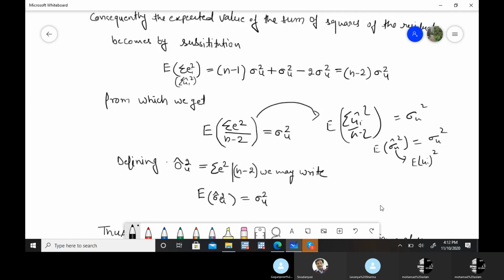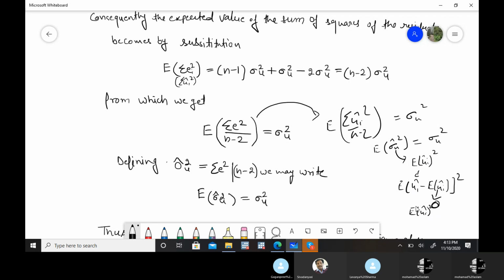Because in probability the variance formula is ui hat minus expected value of ui hat, and this is 0 that we put, so it is always expected ui hat square if it's a sample.